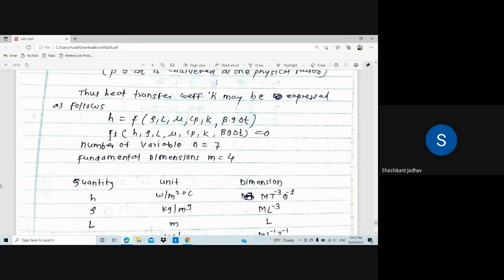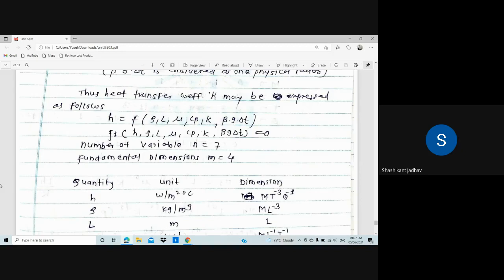Okay, so as per the Buckingham pi theorem, we have to solve the relation for natural convection. Now write down the heat transfer coefficient h may be expressed as follows.